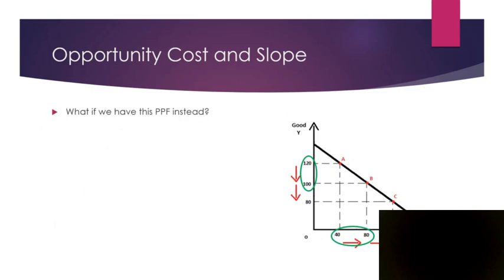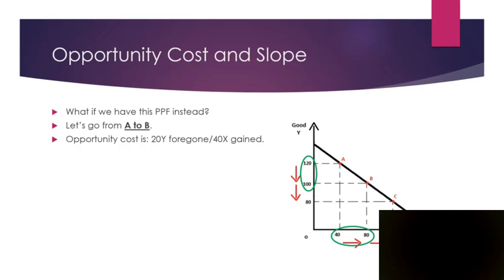Now, what if we have this type of PPF instead? So let's go from points A to B. And do you agree our opportunity cost is 20 units of Y are foregone? How did I figure that out? We had 120, now we're down to 100. And 40 units of X are gained, right?